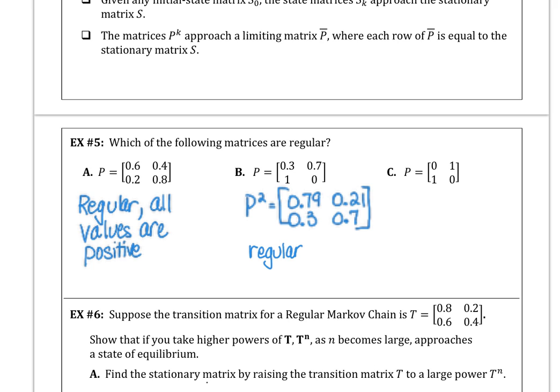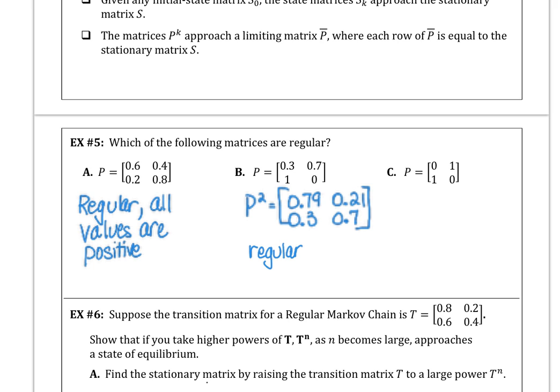So to begin with, it's not regular. But if we find a different power, notice that P squared, if we calculated the first few powers, we're going to get all of the elements positive. So now we can say it is a regular matrix.